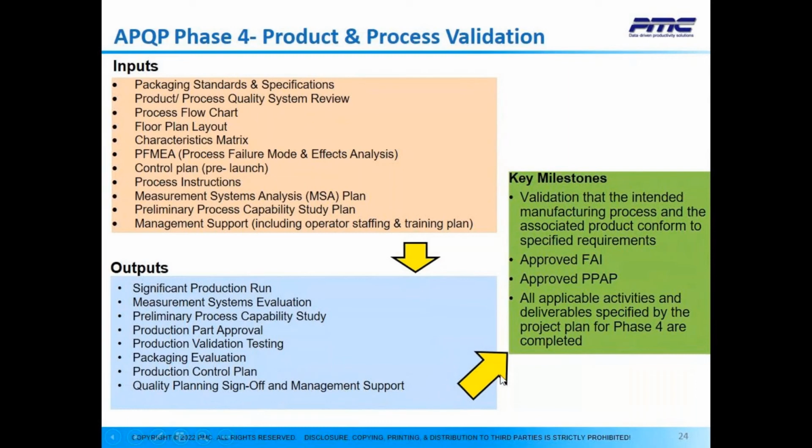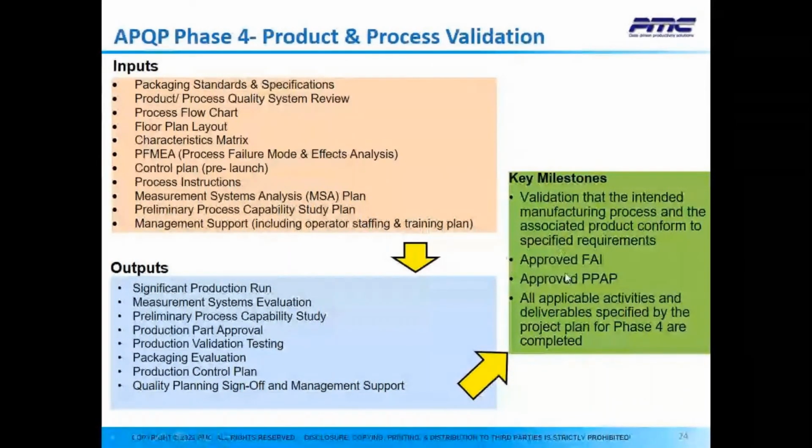So with that, the key milestones: validation that the intended manufacturing process and the associated product conform to specified requirements, approved first article inspection, approved PPAP. The one thing I want to point out here: the first article inspection is a requirement in the aerospace industry.